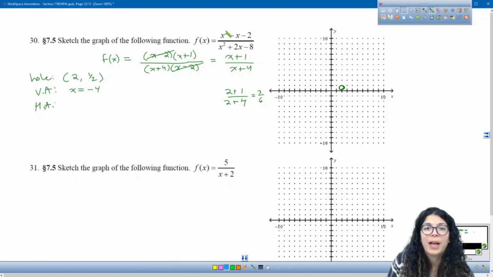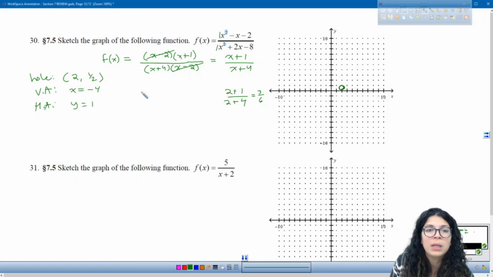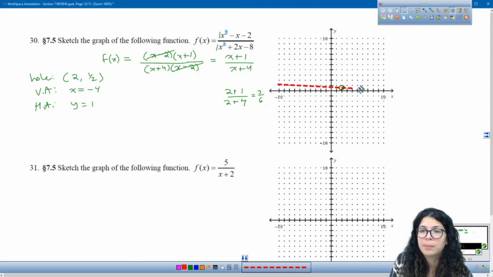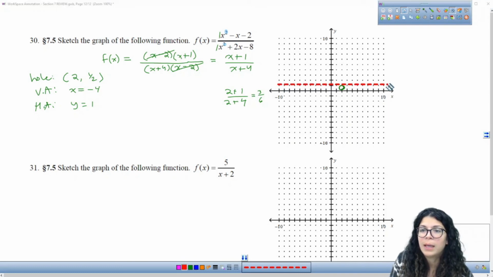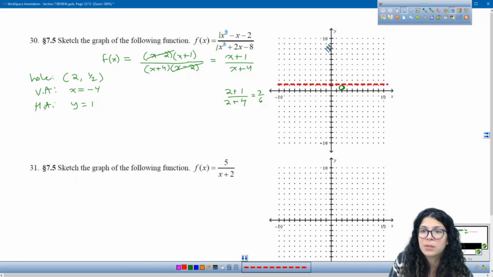And remember, we check the degree on top and degree on bottom. If the degree is the same, then the horizontal asymptote is the line y equals coefficient on top divided by coefficient on bottom. 1 divided by 1 is 1. So the horizontal asymptote is the line y equals 1. And I could go ahead and plot my vertical asymptote as well. It was the line x equals -4.